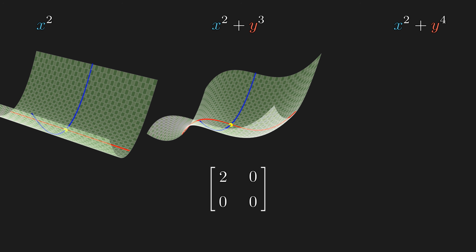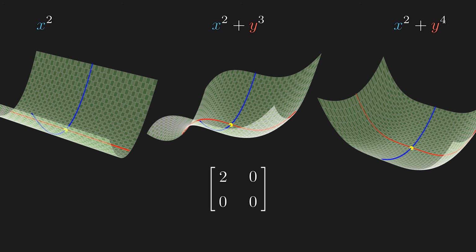For the second one, it looks like a cubic curve in the y direction. And for the third one, it looks like a quartic curve in the y direction. So anything goes. It could be an extremum or a more complicated higher order saddle-like shape. The second derivative test is inconclusive, and the local behavior depends on higher order terms, so we will not look at any of these cases anymore.